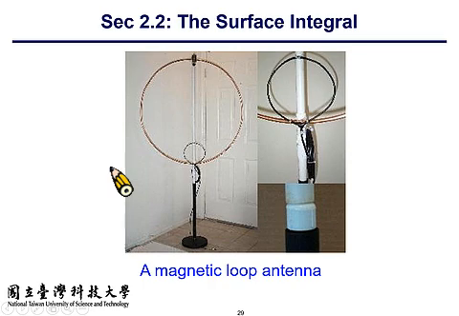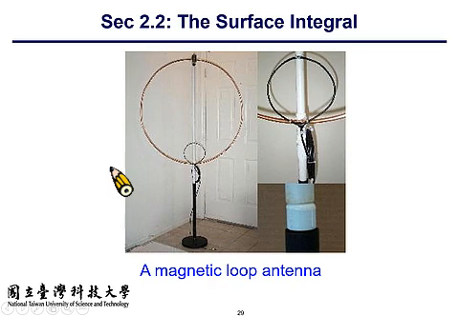Have you ever used the radio? You know FM radio, right? FM stands for frequency modulation. Do you know there's another type of radio named AM radio? You should have heard of it. AM stands for amplitude modulation.